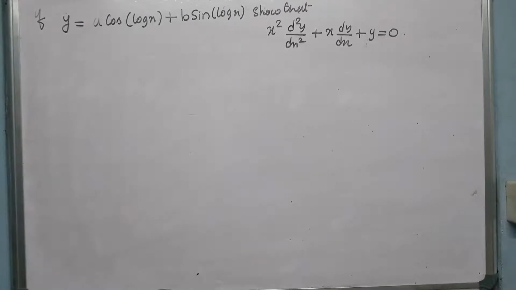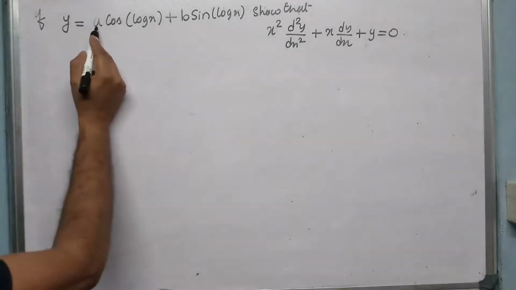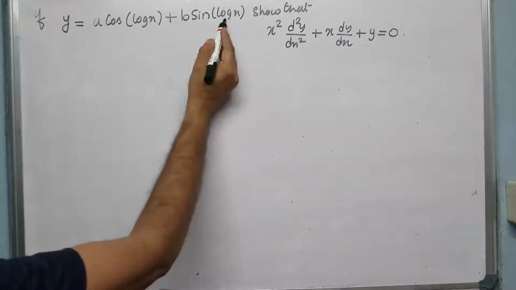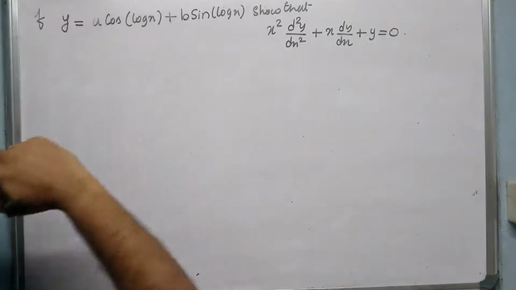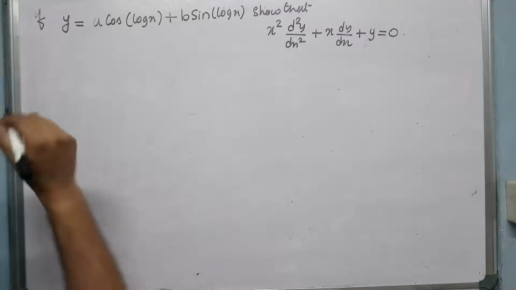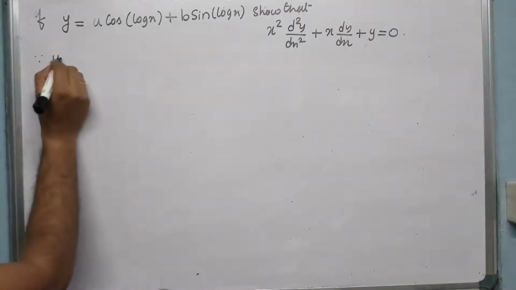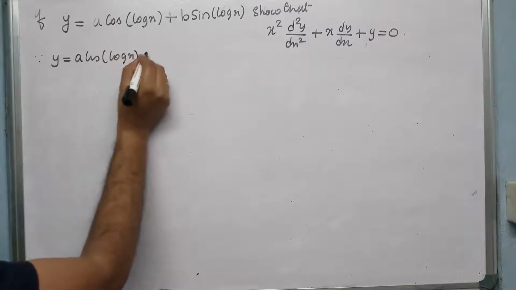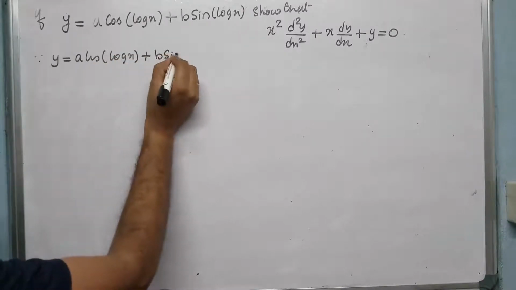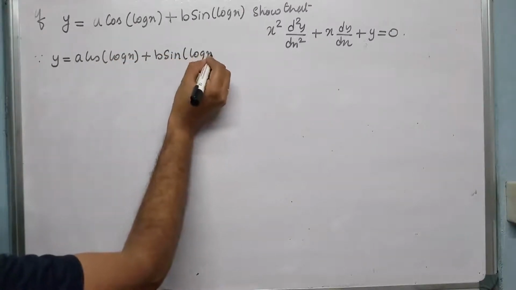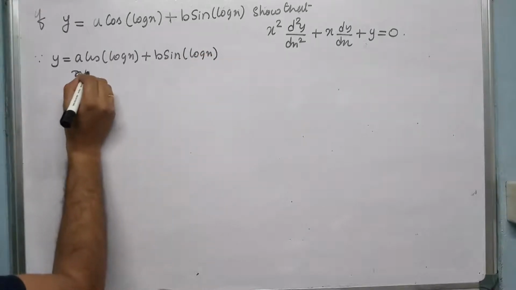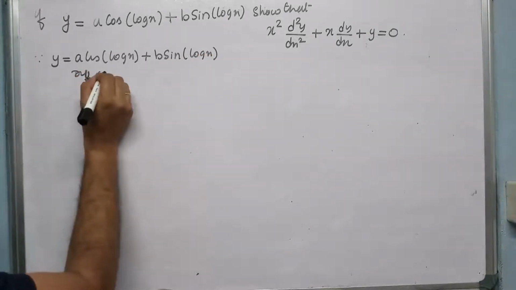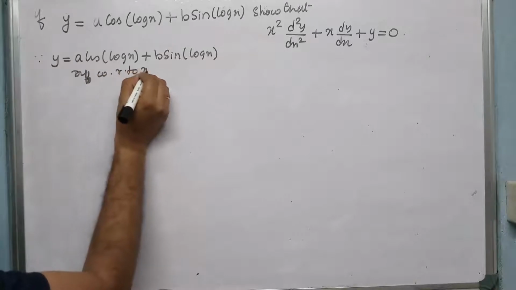Now another question. The given question is y equals a cos of log x plus b sine of log x, so that x square d2y by dx square plus x dy by dx plus y equals 0. Since y equals a cos log x plus b sine log x, now differentiating with respect to x.